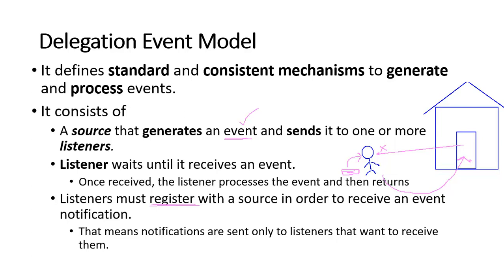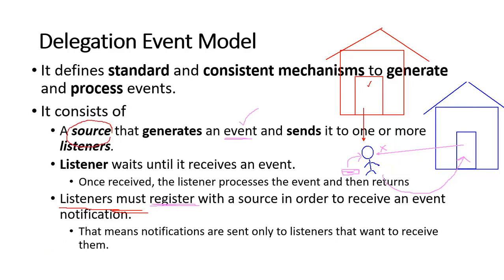Our neighbors may not be interested in reading the newspaper, so they will not receive it. Even though they have the capability of reading the paper, they will not get it because they have not subscribed. So the idea is very simple: only those listeners who have registered themselves with the source will receive the event when that particular event has occurred.